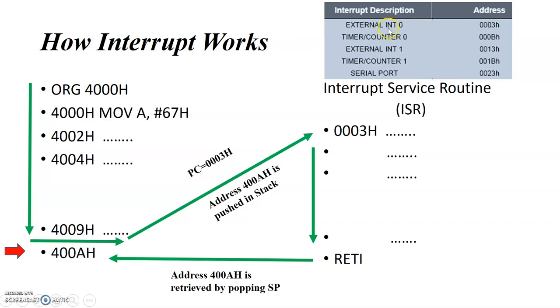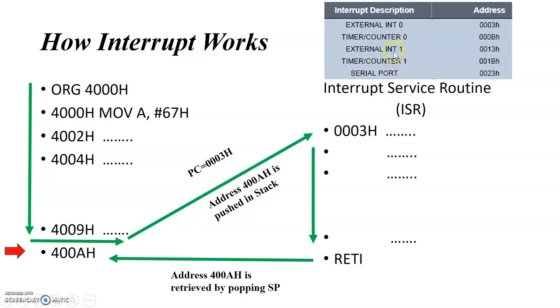INT0 has the highest priority, timer 0 is at the next level, then the external interrupt INT1, then timer 1 interrupt, then the serial port has the lowest priority.